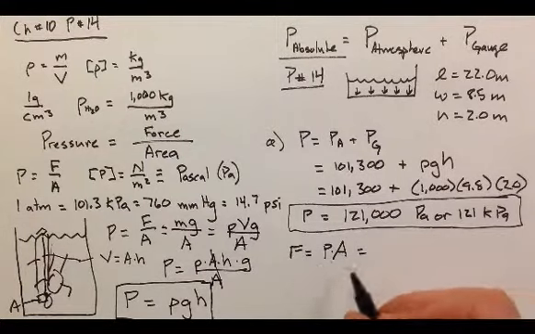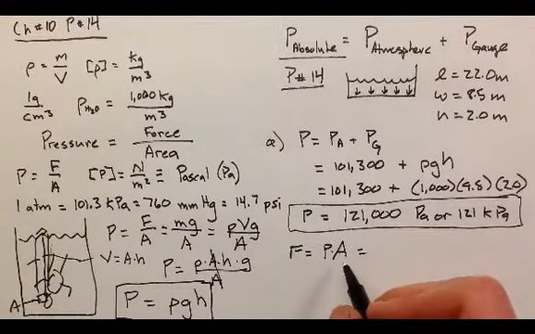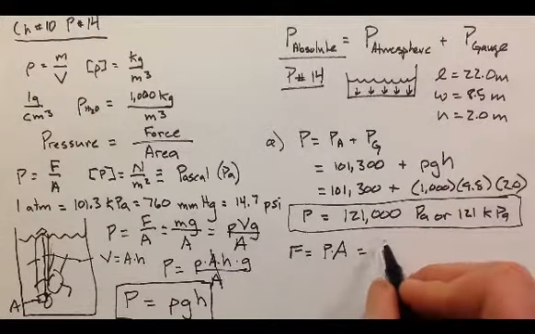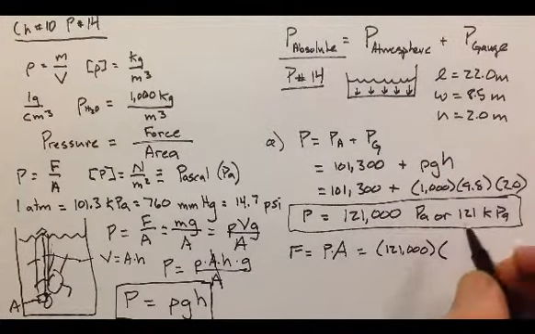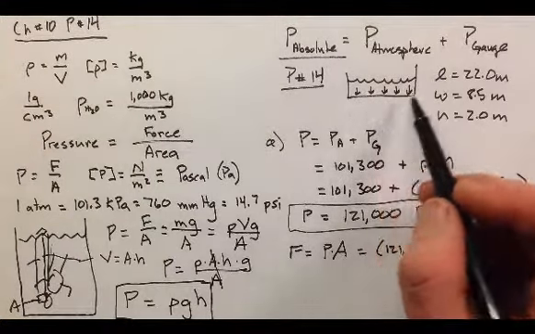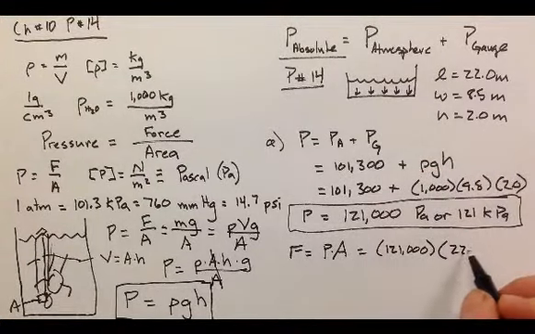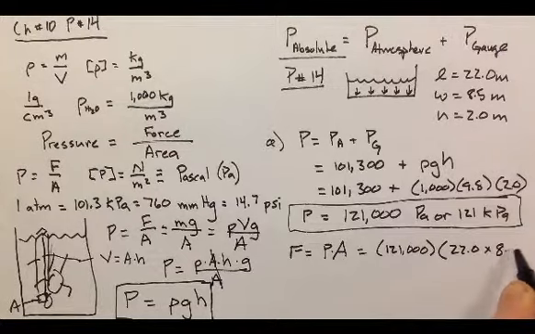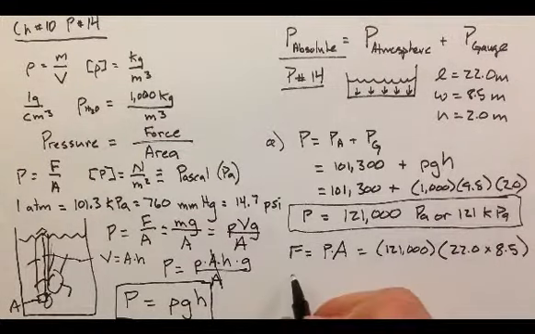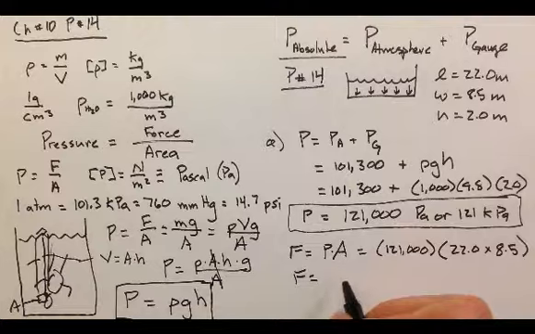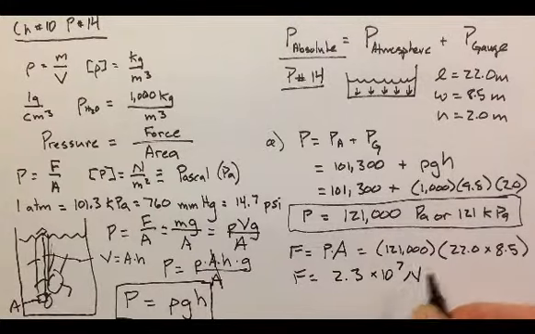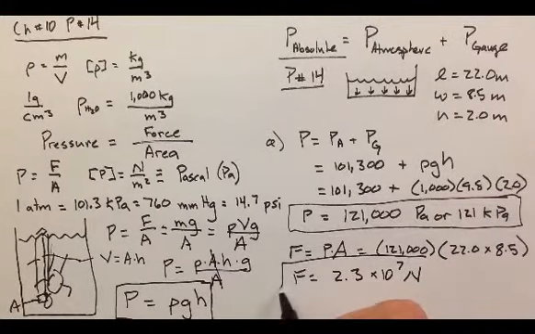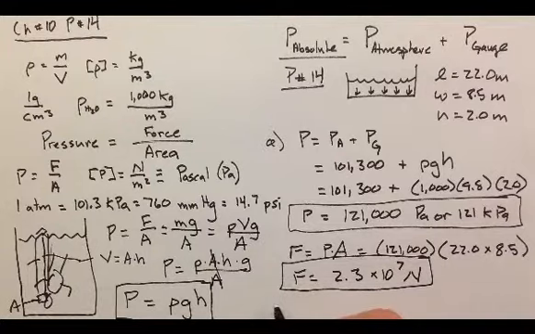And the total force then will be equal to the pressure, which we said is 121,000 pascals, times the area, which that total area at the bottom of the pool would be the length times the width. And I would get a total force pushing along the bottom, this turns out to be 2.3 times 10 to the 7th newtons. Okay, so that is part A.